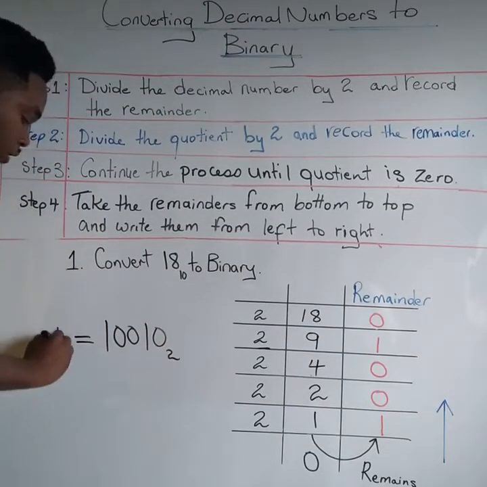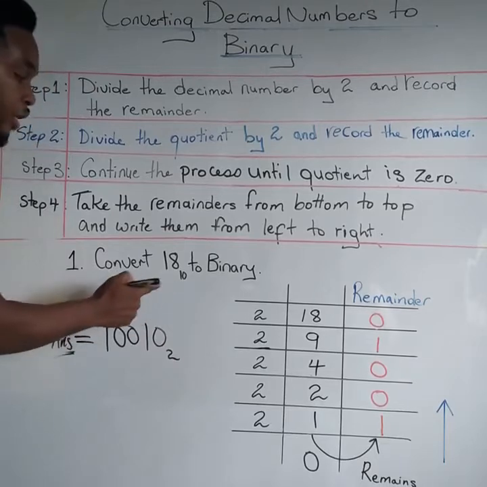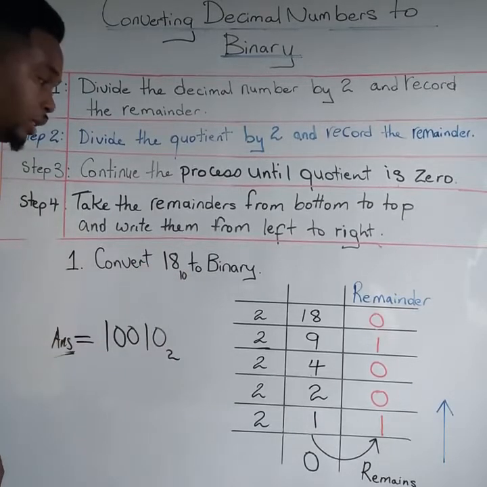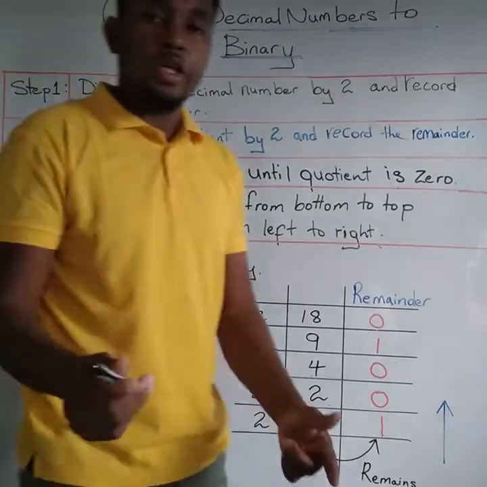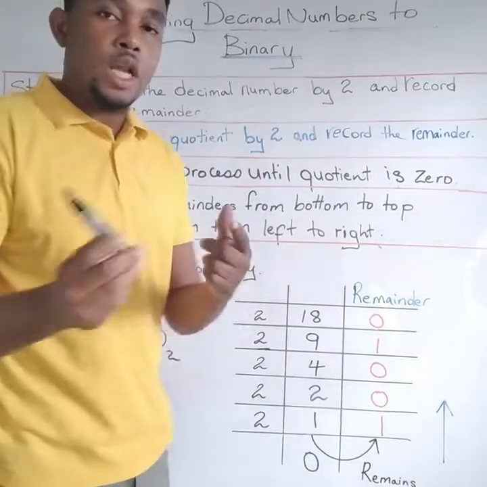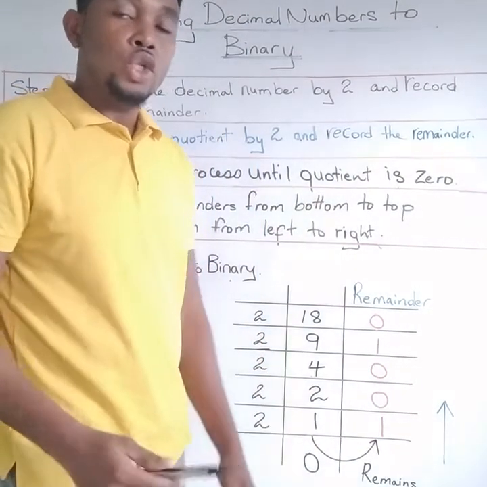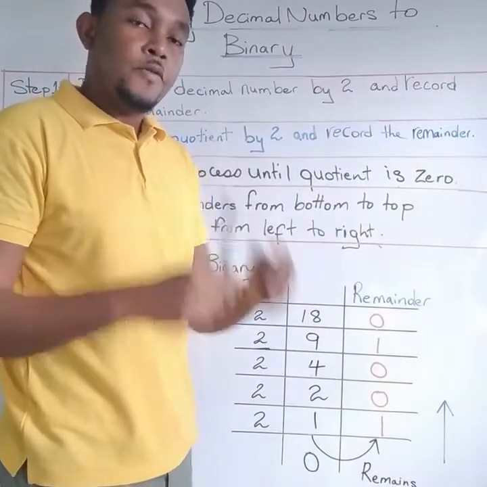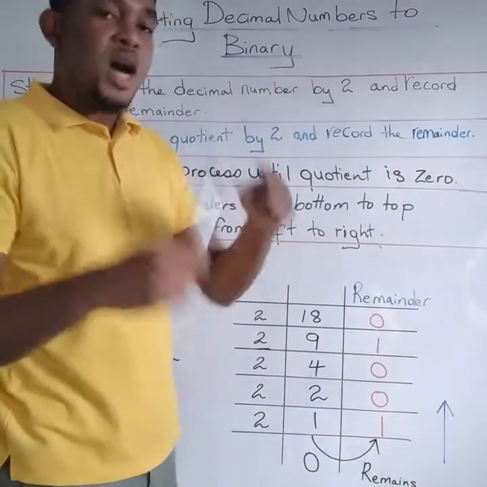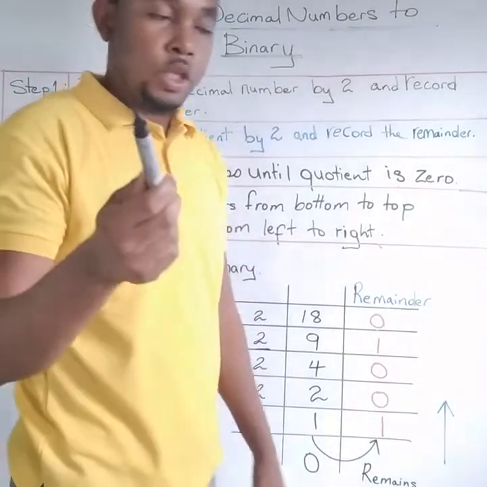And that is our answer in converting 18, which is in base 10, to binary. And that's how we convert a simple decimal number to binary. We will look next at how we convert our binary number back to decimal. So stay with us.